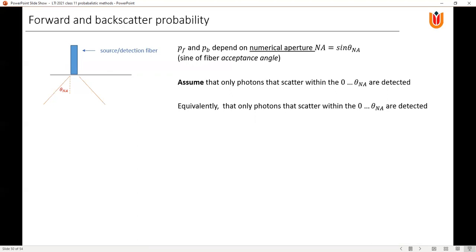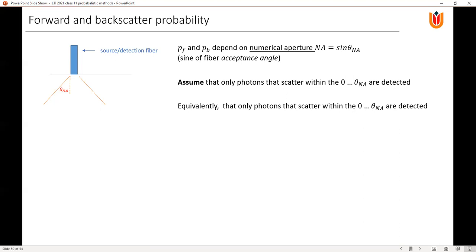You know what it is? So the NA is the sine of theta NA. Theta NA is the acceptance angle of the fiber, it is the range of angles under which you can still receive light.